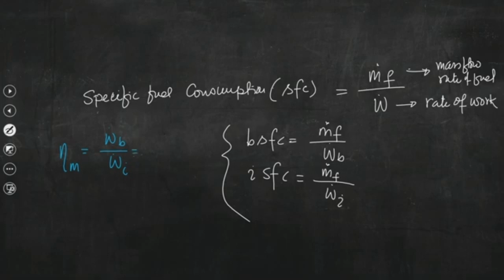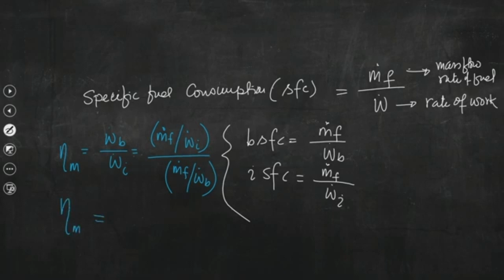So, can't we write like this, m dot F by W dot I divided by m dot F by W dot B? We are just rearranging. Why are we doing so? If we write like this, then we get the mechanical efficiency.